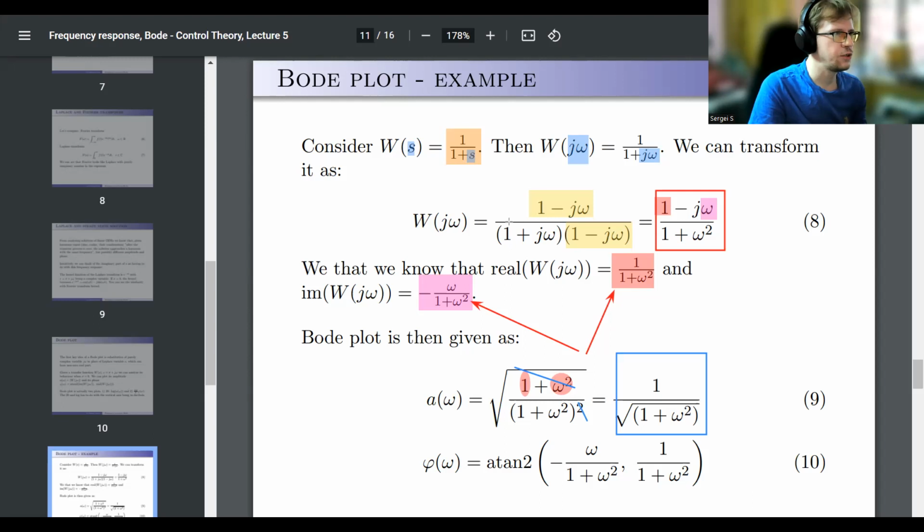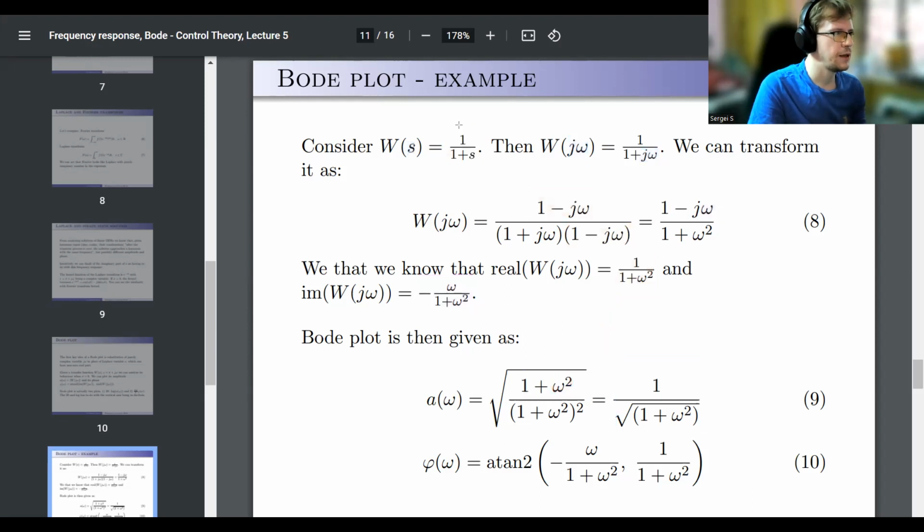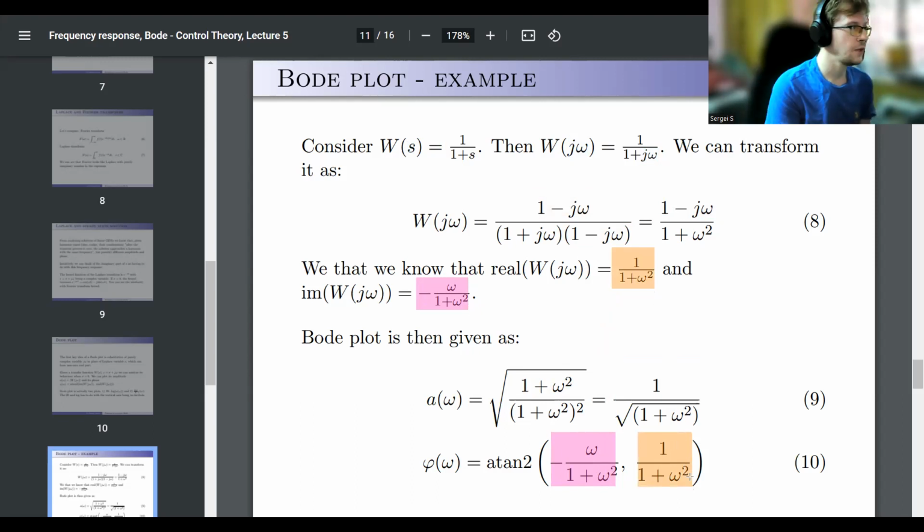Okay, now to the phase part. Here it is even simpler, since we are not going to simplify. We just take directly the imaginary part, put it in our arctangent 2, and the real part, put it in our arctangent 2. Done.